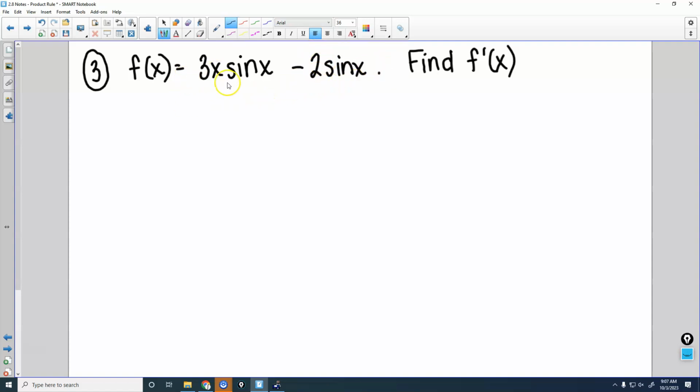But up here, I do have a 3x and a sine x, so I have to use the product rule for that. So if you have an x in your expression that's being multiplied, you're going to have to use product rule.